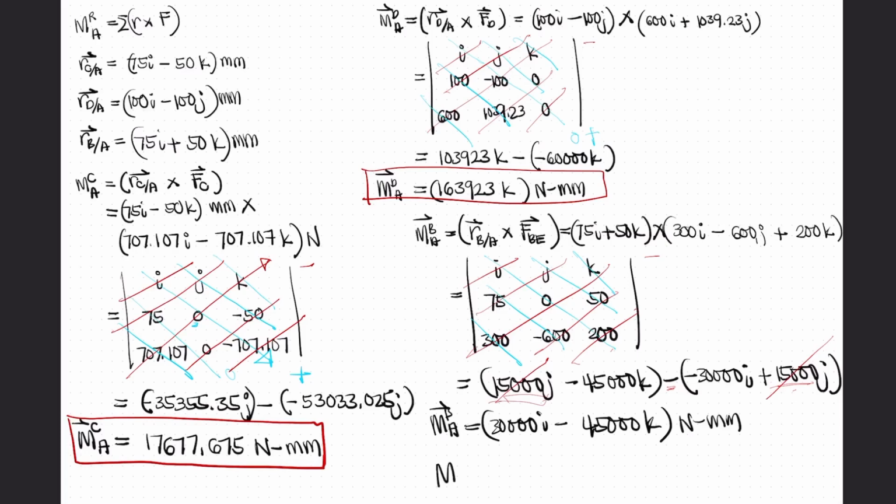Therefore, resultant with respect to A is equal to, again, sum up na to tanan I, tanan J, ug tanan K. So, wait.